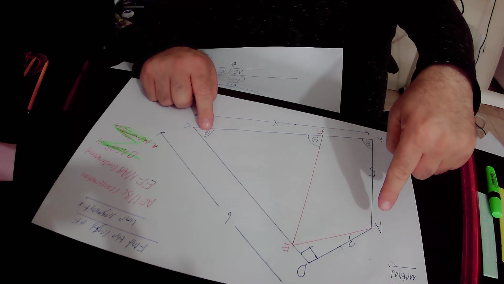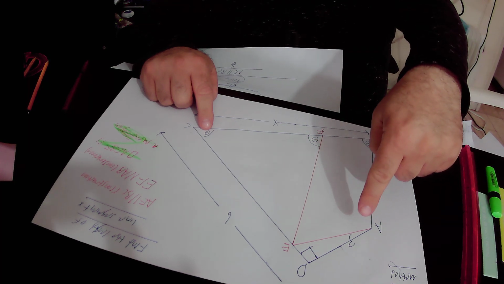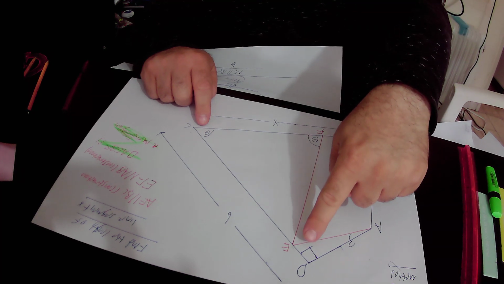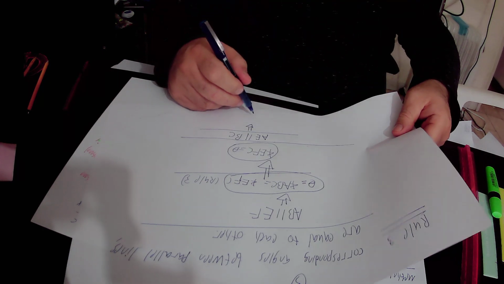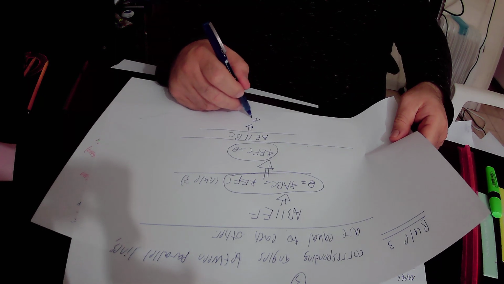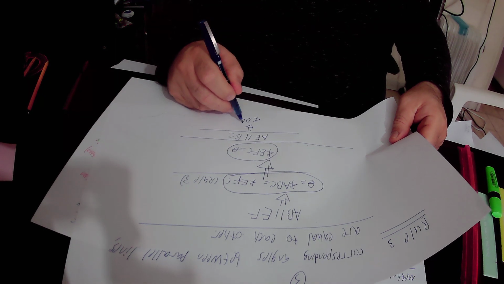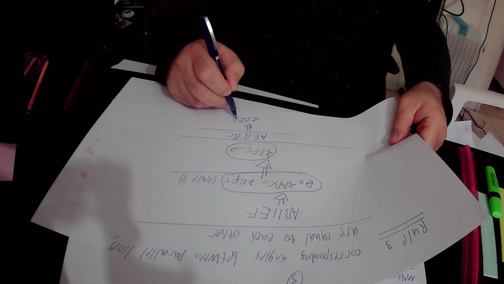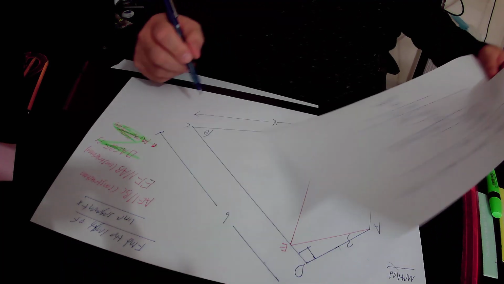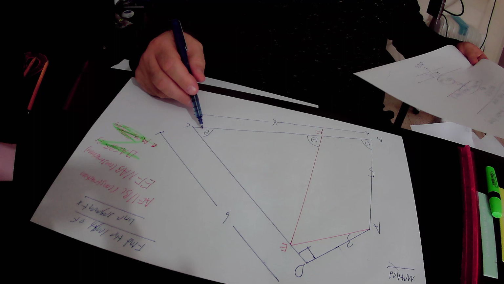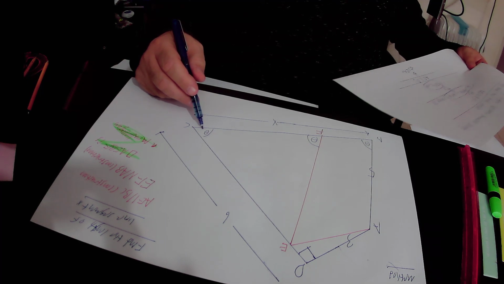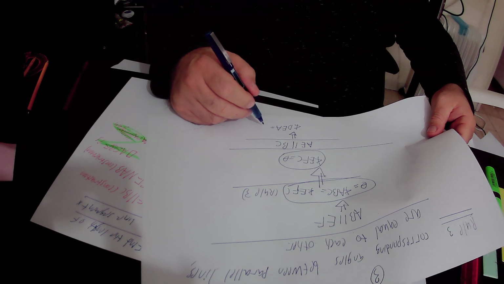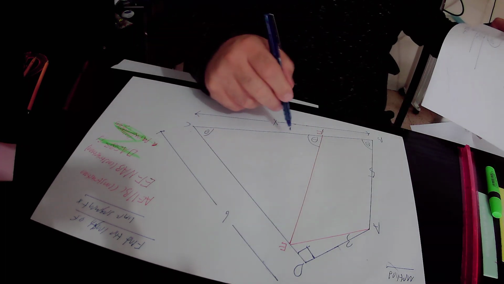That is to say, angle DEA, this angle, will be equal to this angle that is actually angle ECB, or angle DCB.